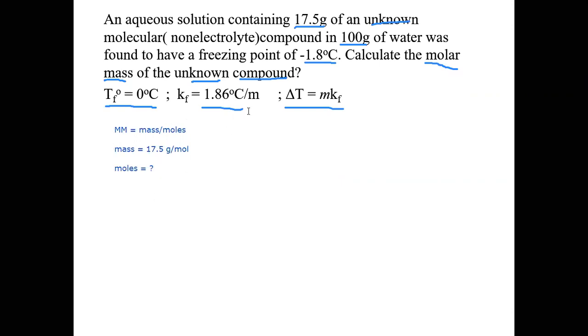So now we have to look at our delta T equation and say, what in there deals with moles? And that is molality. Molality equals moles of solute divided by kilograms of solvent. If we rearrange this, we get the moles of solute equals molality times kilograms of solvent.